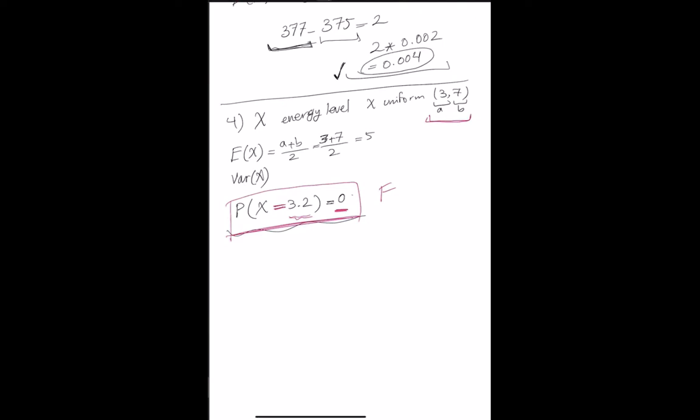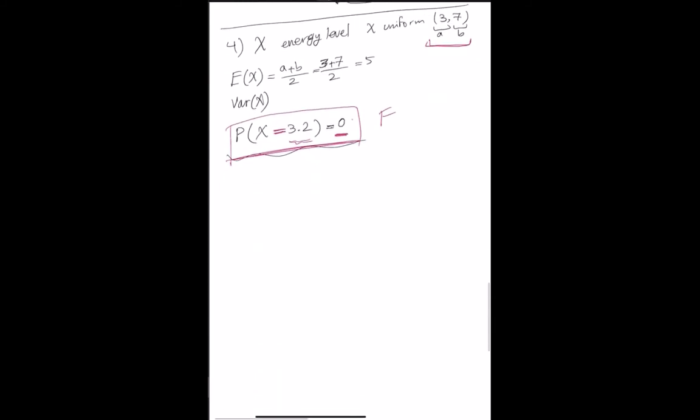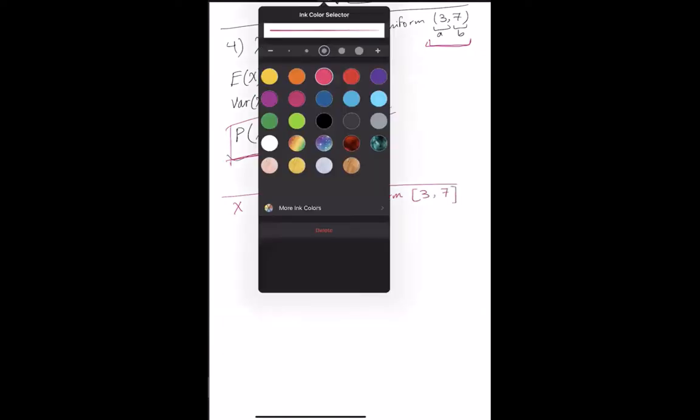So let me explain this thing. We have two scenarios, right? So I can tell you x is a continuous random variable, has uniform distribution between 3 and 7. Okay, so that's one scenario.